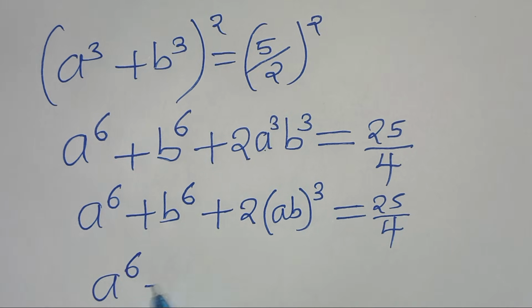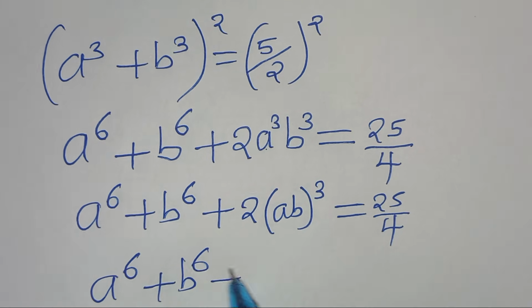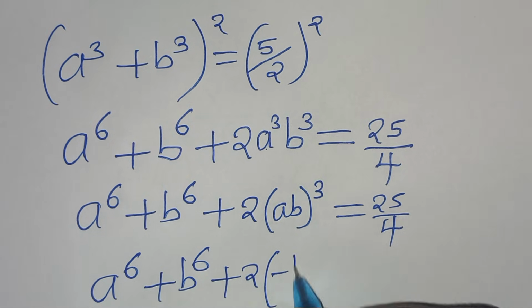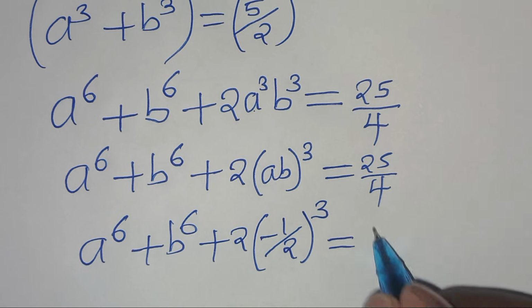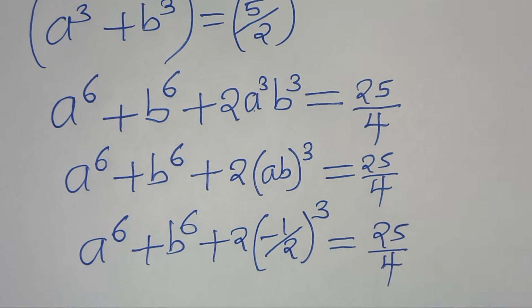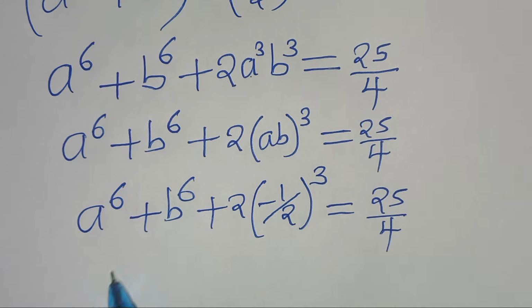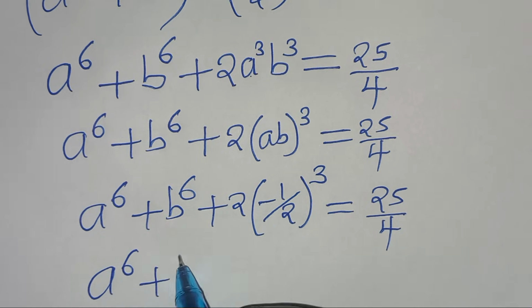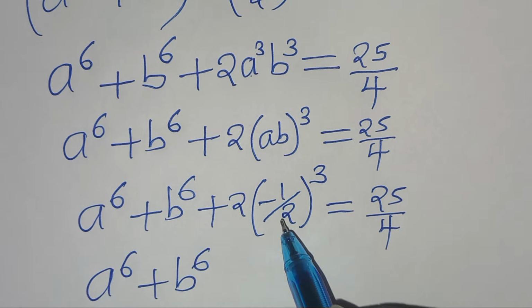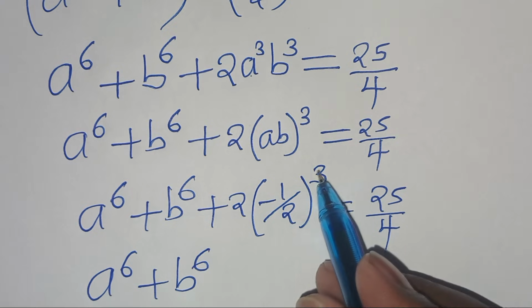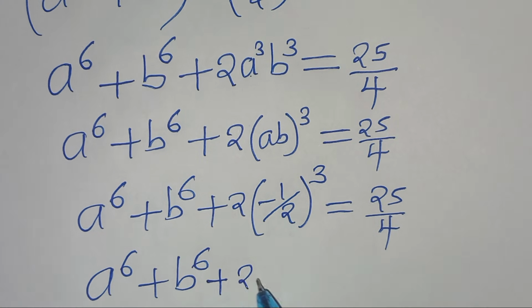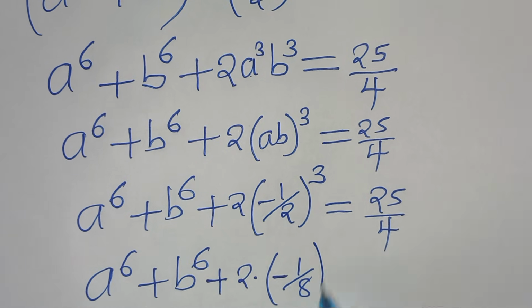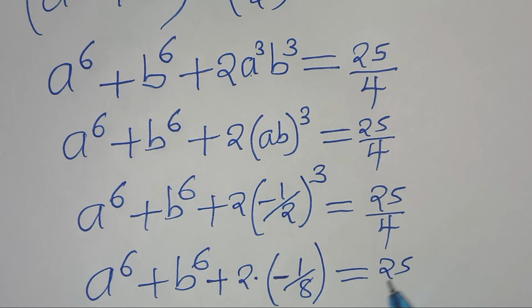So this is a to the power of 6 plus b to the power of 6 plus 2 into the parentheses, minus a half raised to the power of 3, and this is equal to 25 over 4. Okay, so this is a to the power of 6 plus b to the power of 6, then plus 2 times, in the parentheses, minus 1 over 8. This is equal to 25 over 4.